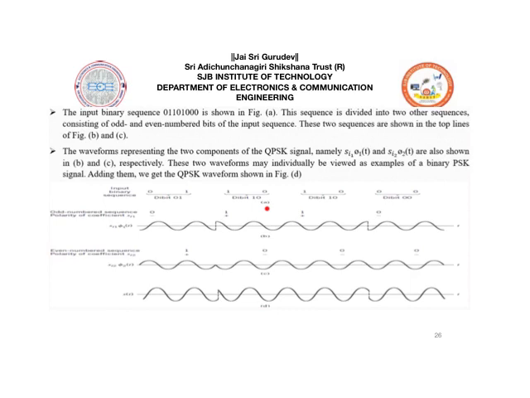As we know, in QPSK we are considering the symbol in the form of a dibit, meaning 2 binary bits representing one symbol.